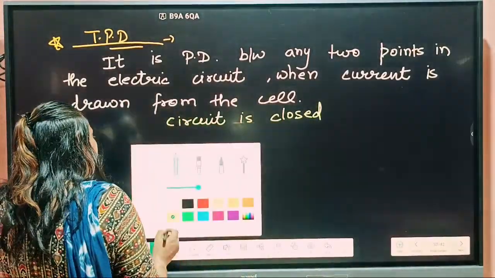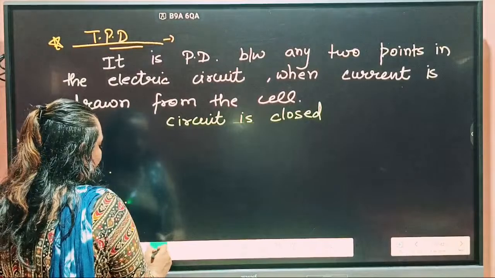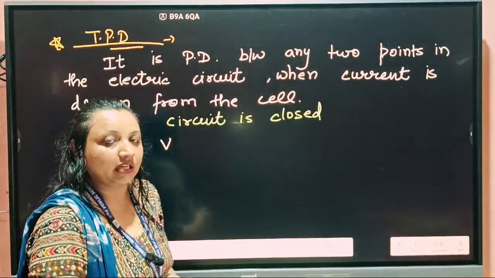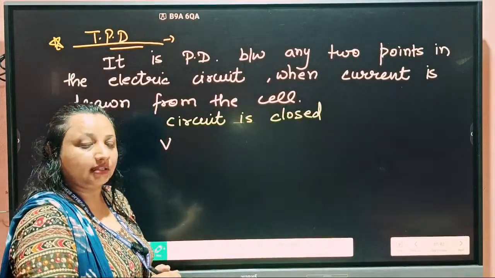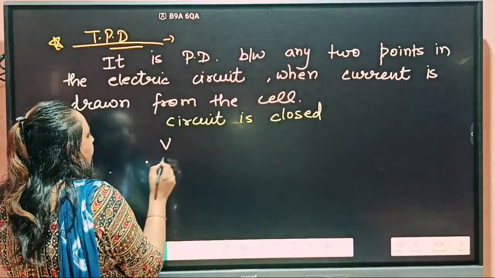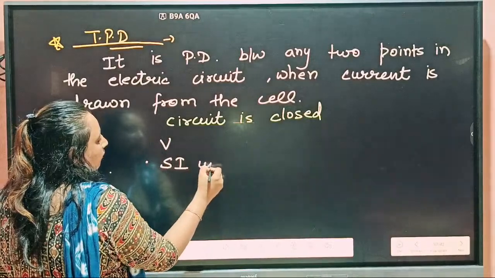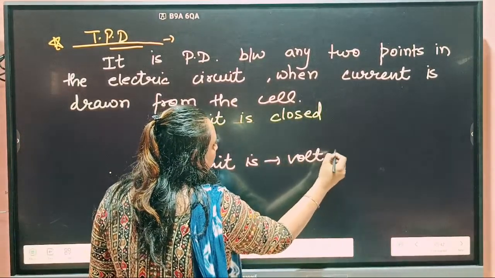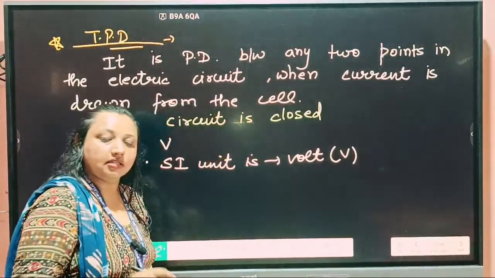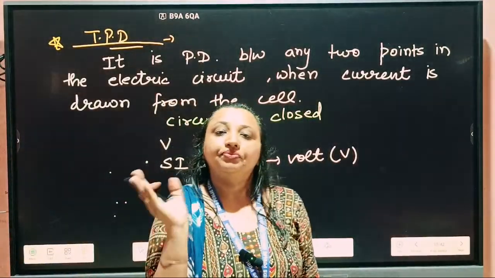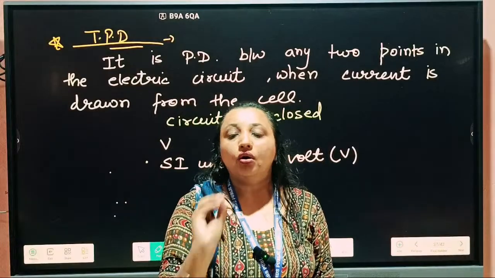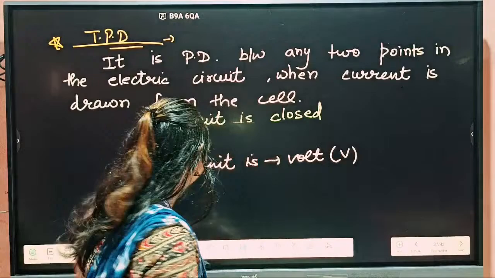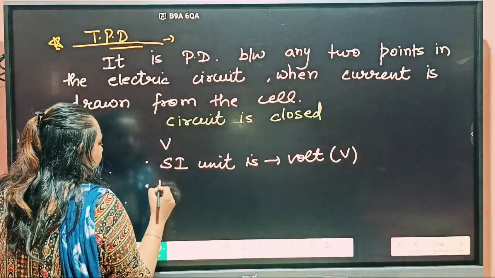And if we talk about by which letter it is represented, terminal potential difference is represented by the letter V, and its SI unit is same as that of EMF, that is volt. It is measured by the voltmeter, which is connected always in parallel across the electric circuit, right?